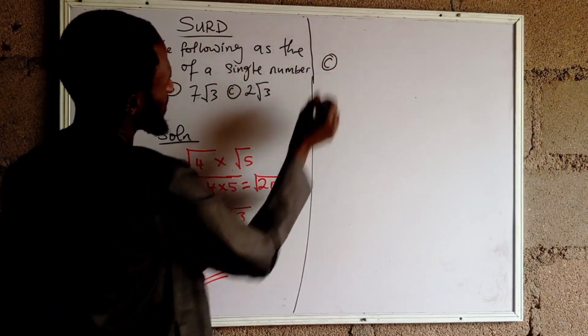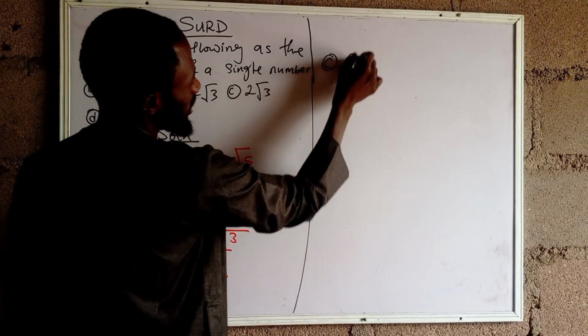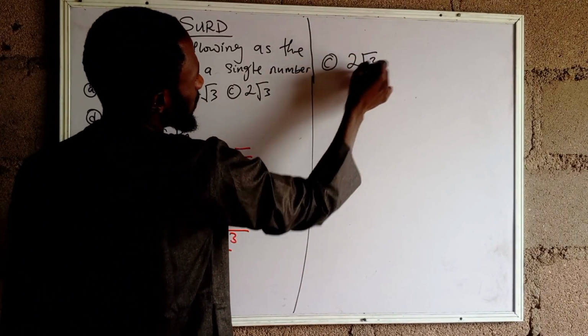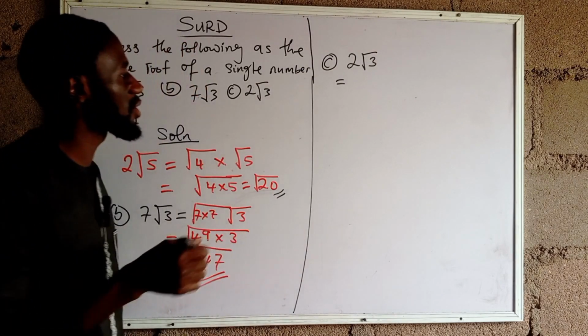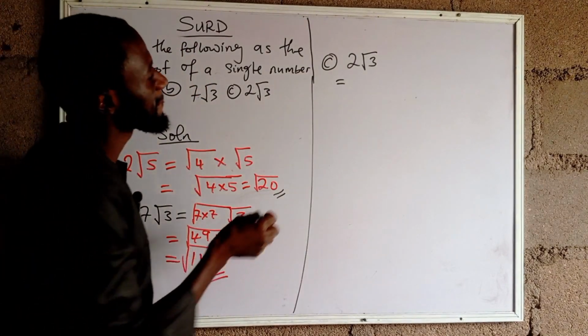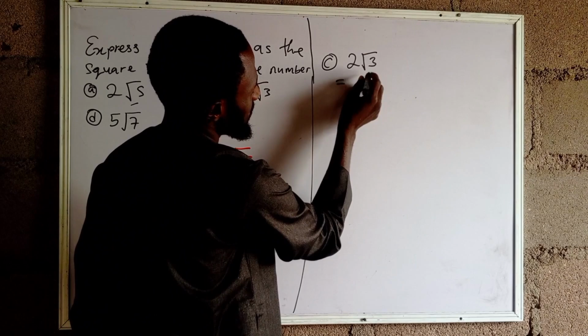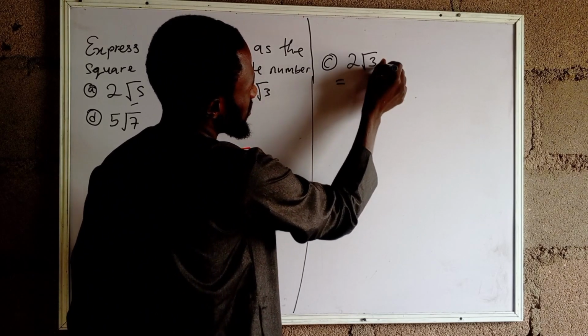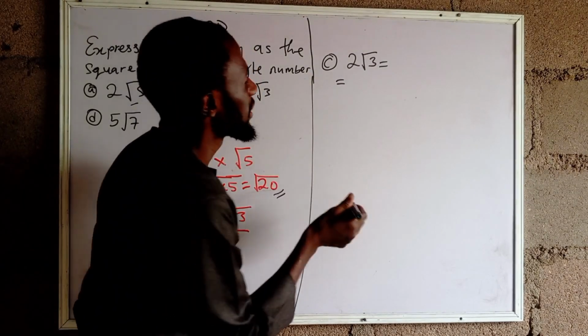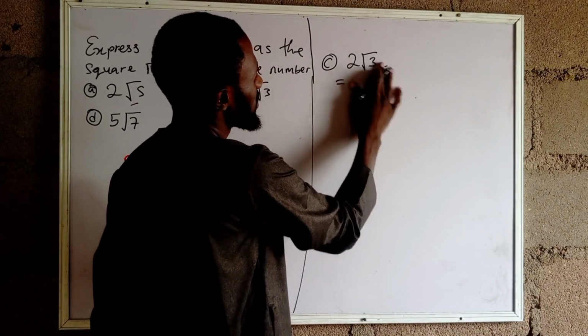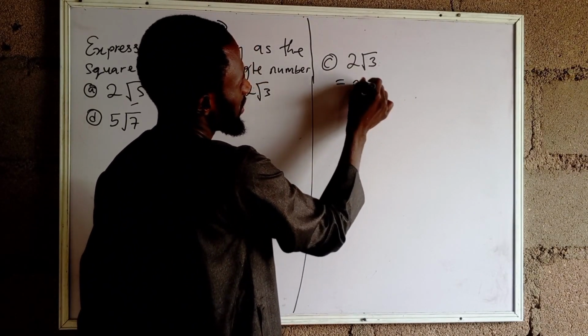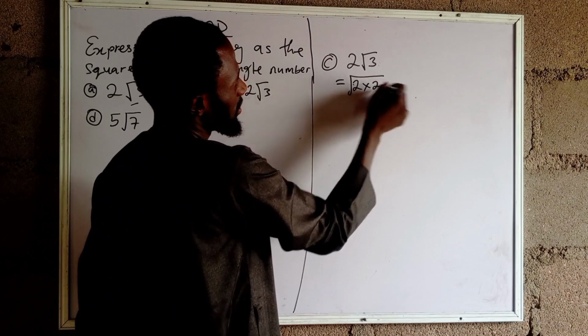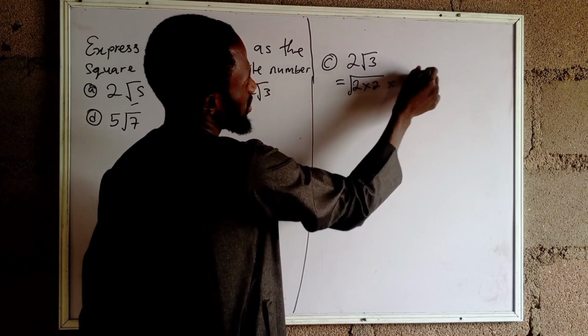The C part says, let's simplify 2 root 3. We're supposed to get the multiple of 2 here. That is 2 times 2, multiplied by the square root of 3.